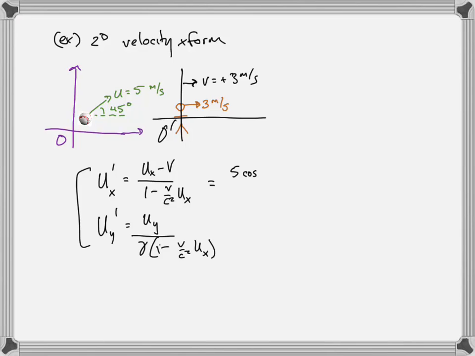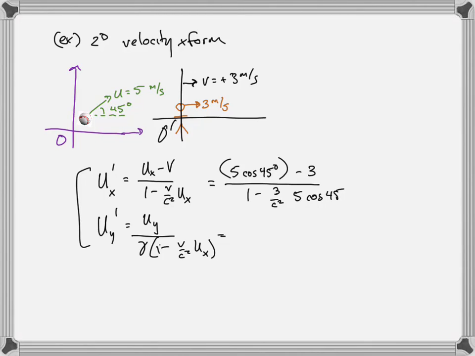I'm going to leave off the units: 5 times the cosine of 45 degrees minus 3, all over 1 minus 3 over c squared times u sub x, which is 5 cosine 45. And I didn't plug in c because it's such a large number.